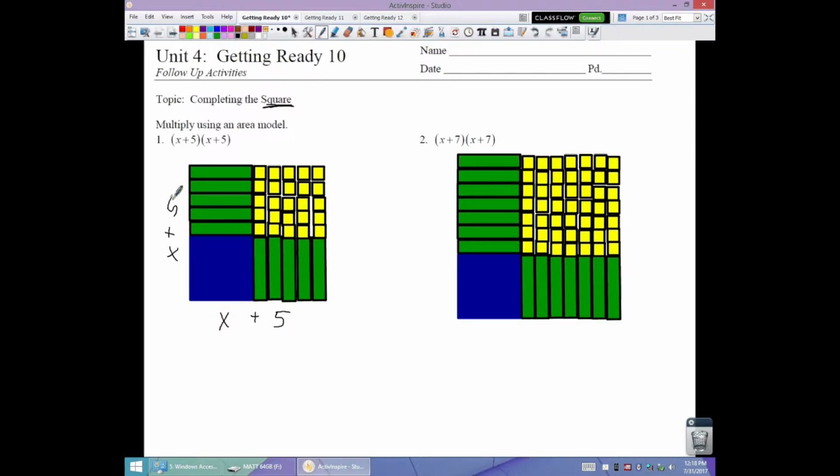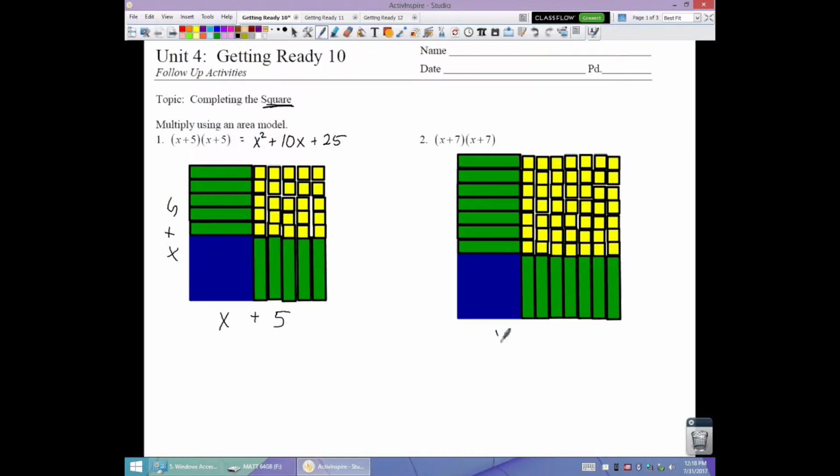Well, we would have one of the big blue x squared. We would have 5 green ones going sideways and 5 going up, so that means a total of 10 x tiles. And then since this square of yellows or apricots here is 5 by 5, that's 25 of those.